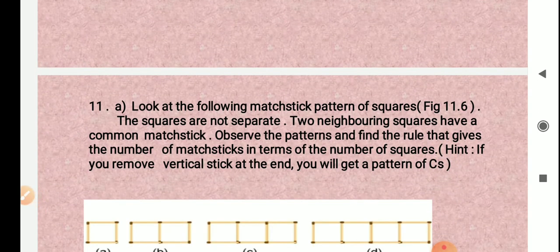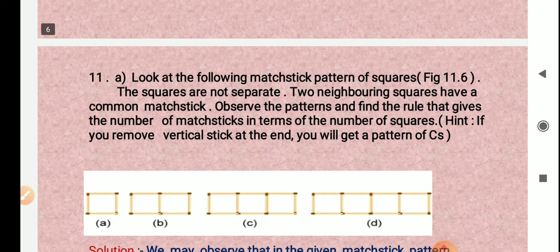Look at the following matchstick pattern of squares which is given in figure 11.6. Here the squares are not separate. 2 neighboring squares have a common matchstick. Observe the patterns and find the rule that gives the number of matchsticks in terms of the number of squares.